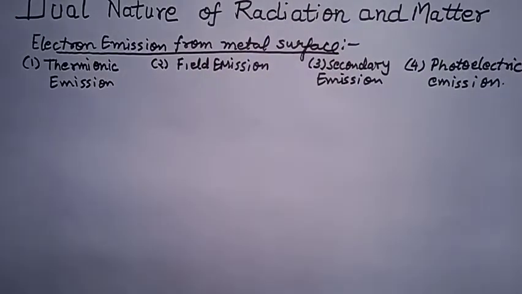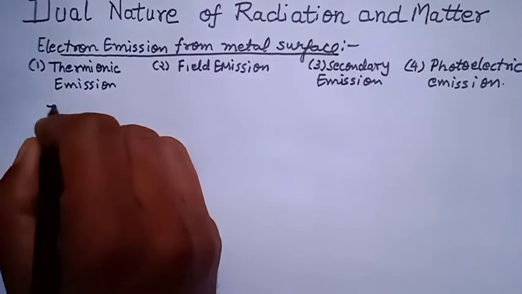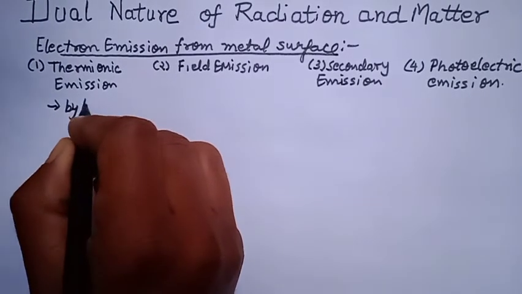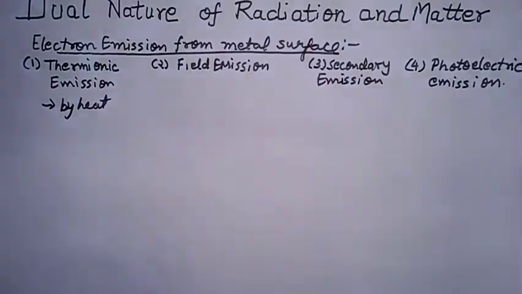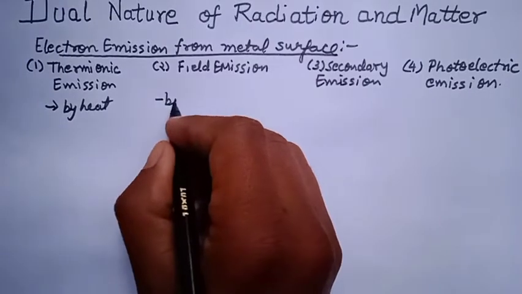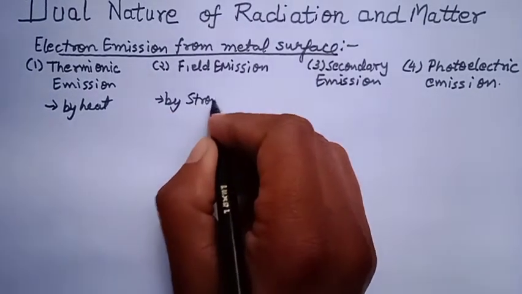Thermionic emission is the electron emission from the metal surface due to supply of heat energy. Field emission is the electron emission by strong electric field.